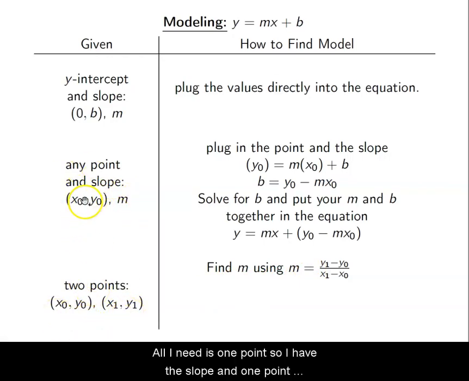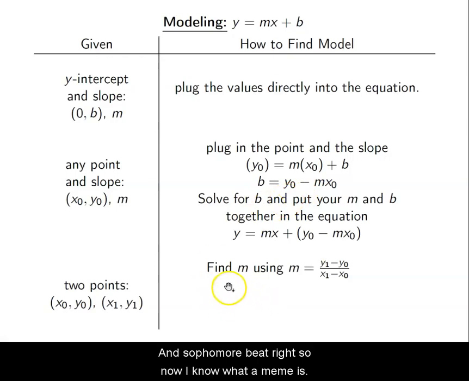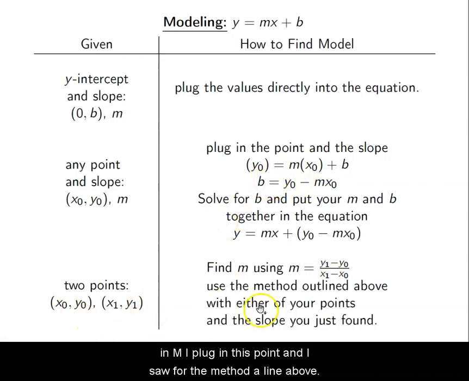So if I have the slope and 1 point, I can do what I did in this previous case here and solve for b, right? So now I know what m is, right? And I pick either one of these points. It doesn't matter which one. And I do the exact same thing I did here. I plug in m, I plug in this point, and I solve for b, right? So using the method outlined above with either of your points and the slope that I just found.